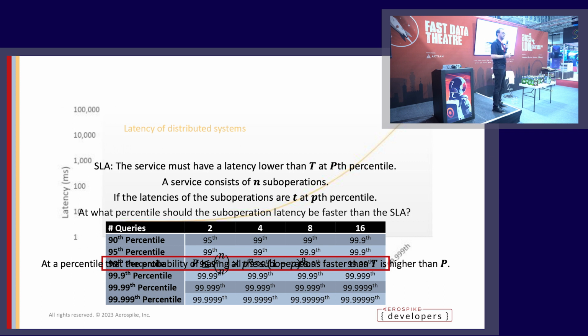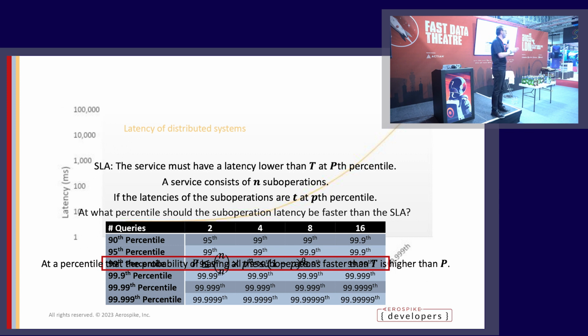When you put a fast database and a fast streaming technology next to each other, they usually end up being very slow, because if you go to the 99.9 percentile of these technologies, they are actually very slow. In this chart, I'm saying that 99.9 is usually around 100 milliseconds, right? So although the streaming technology and the database technology on their own are very fast at the 99 percentile, when you put them together, the 99 percentile of them is not important. You have to look at 99.9. And then when you do that, you can understand why it is slow.